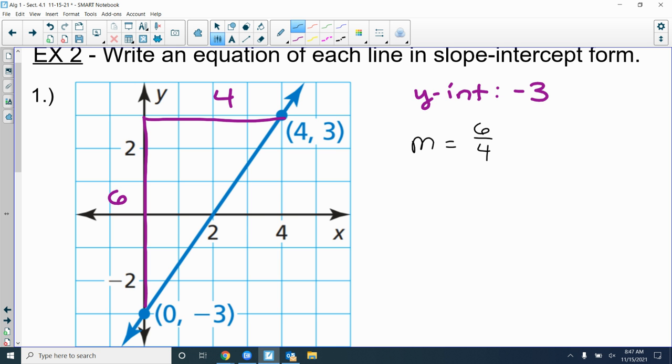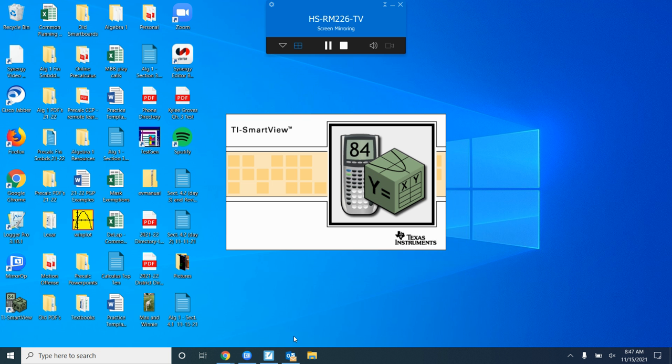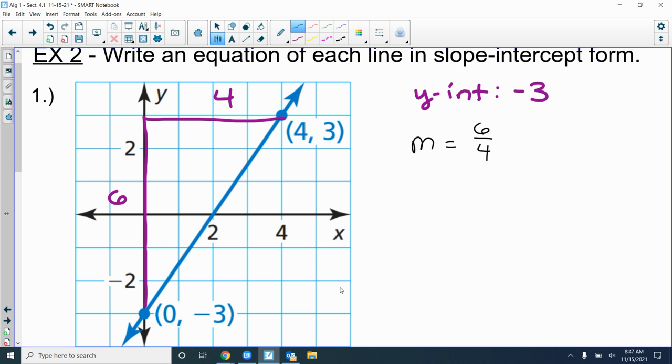The only thing you have to do is reduce that, and do not write it as a mixed number. Because if you hit 6 over 4 in your calculator, it'll probably say 1.5. We don't want that. Guys, remember on that first page with the slope formula, no decimals or mixed numbers.